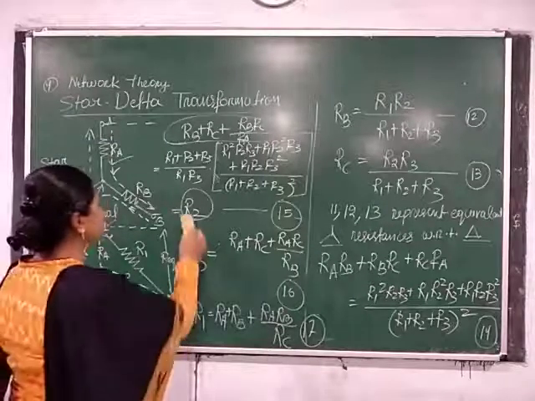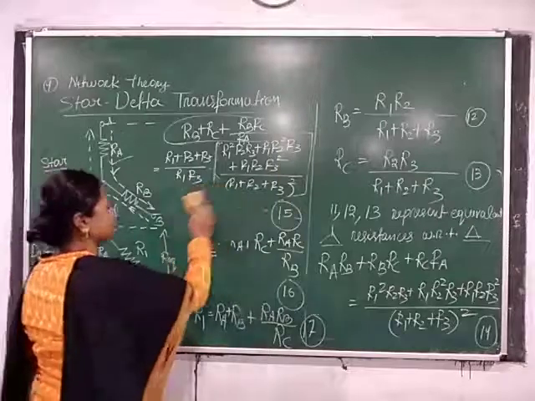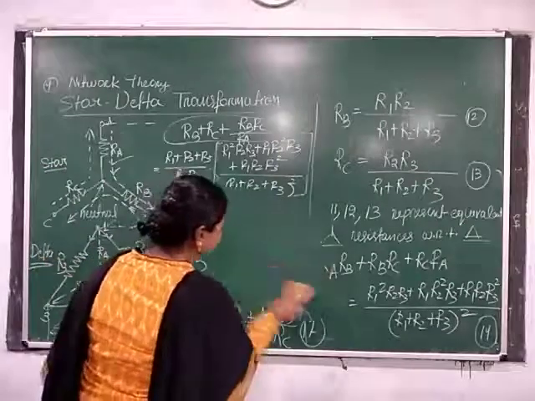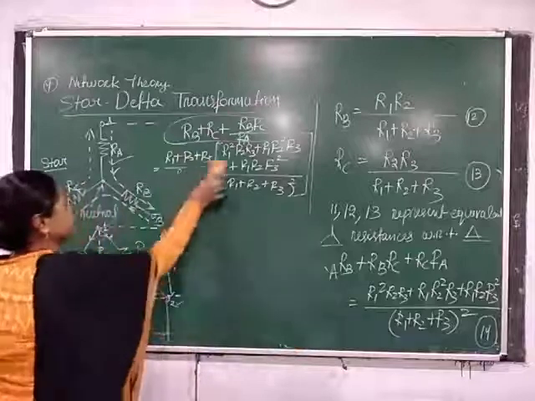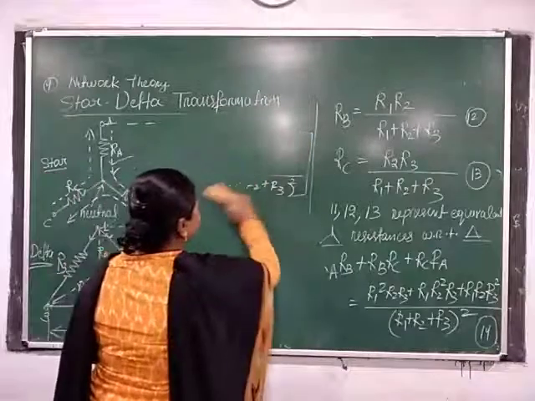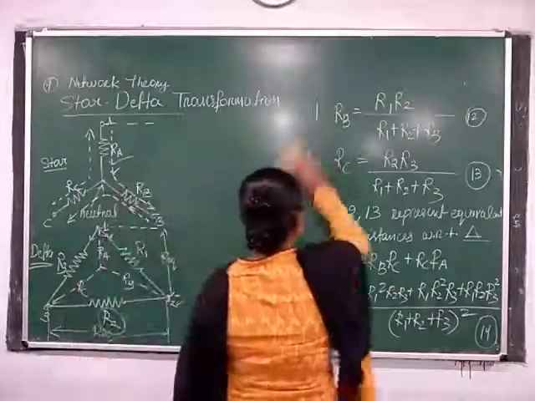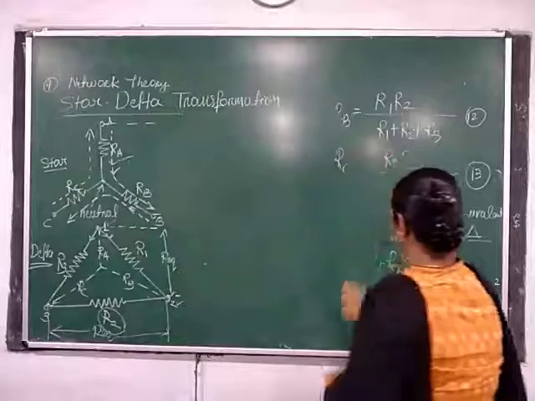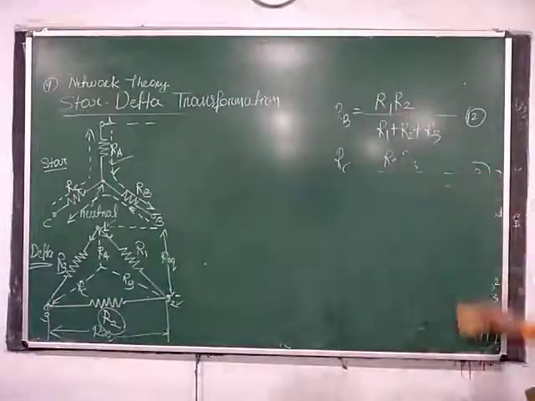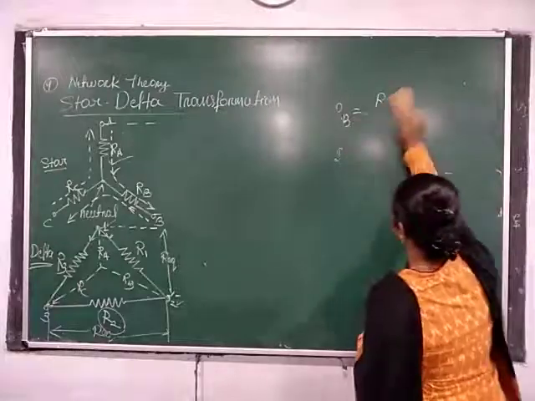So what conclusion do we get in this study? I read the conclusion: how do you shortly remember all these formulas, star to delta and delta to star, easily?